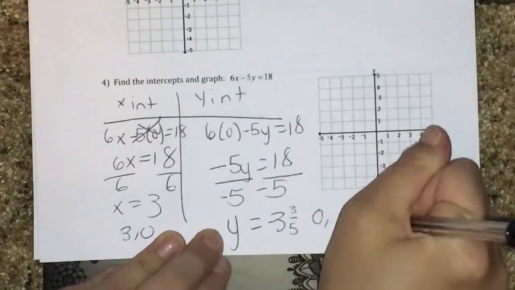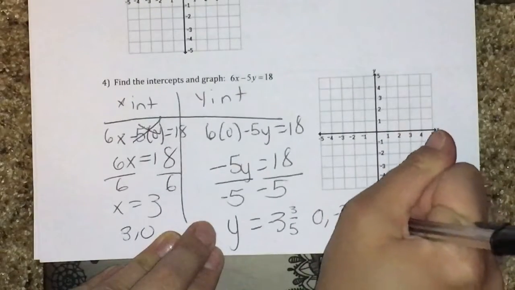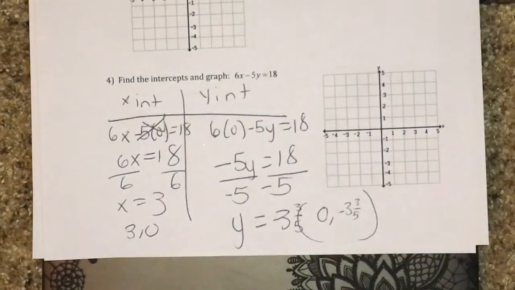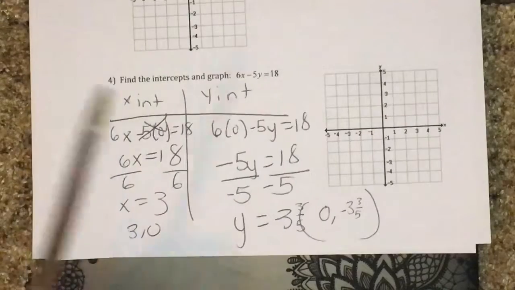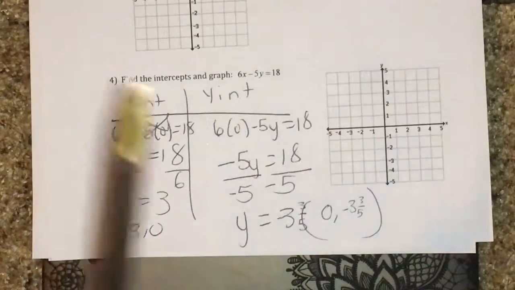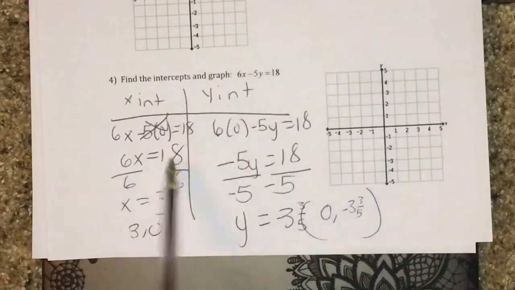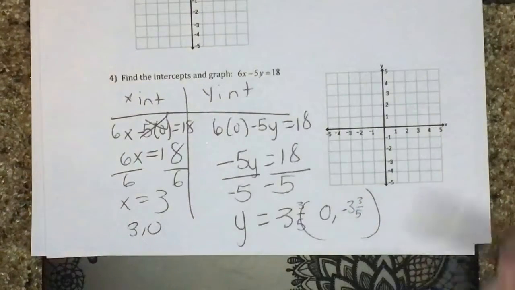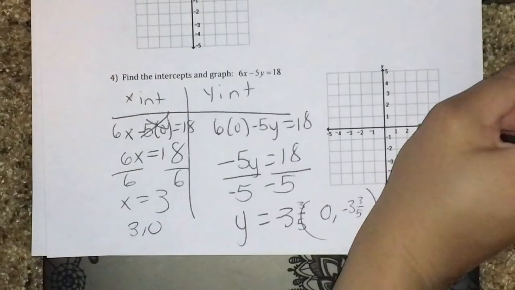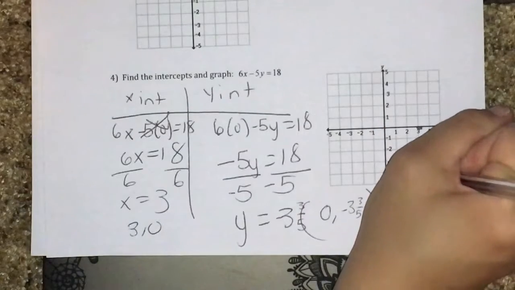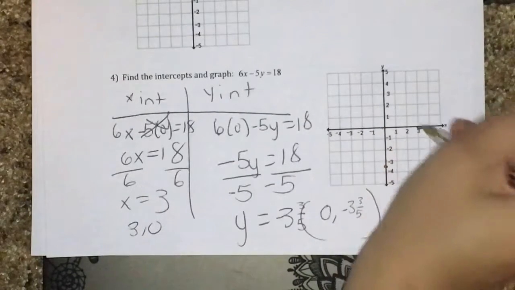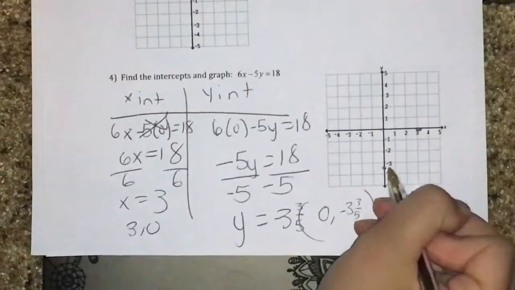So this point is going to be (0, negative 3 and 3/5). Again, all you are doing when finding the x-intercept is plugging in 0 for y. When you're finding the y-intercept, plug in 0 for x. Now let's plot those points. (3, 0), (0, negative 3). We're just going to take a good guess about where that's going to end up, probably right here.